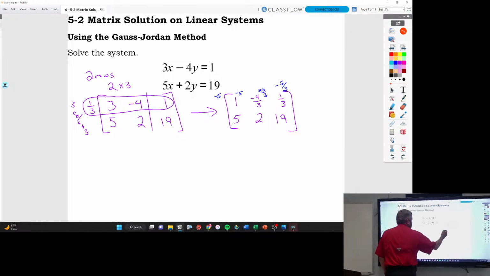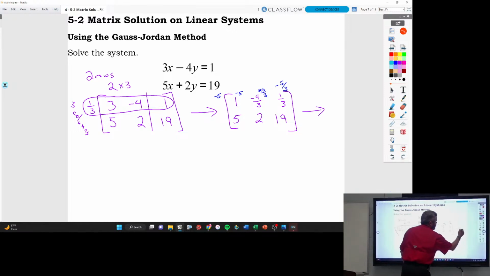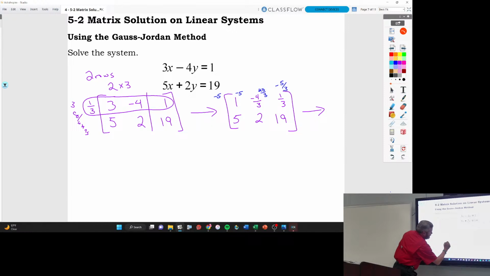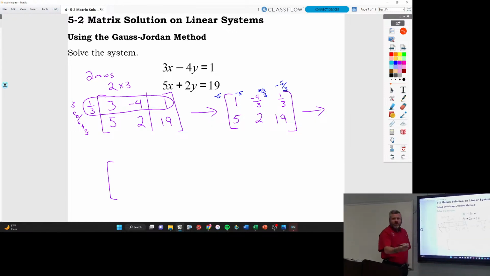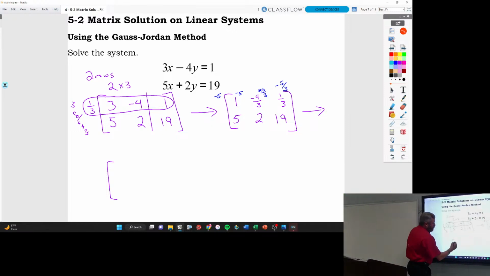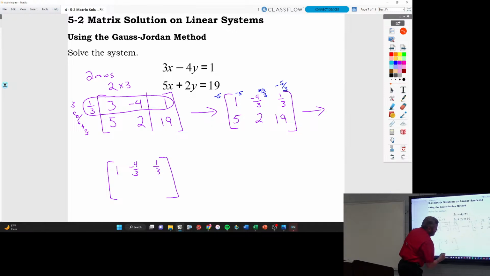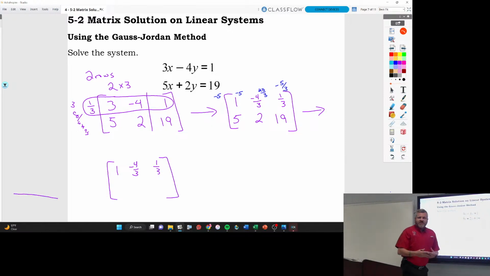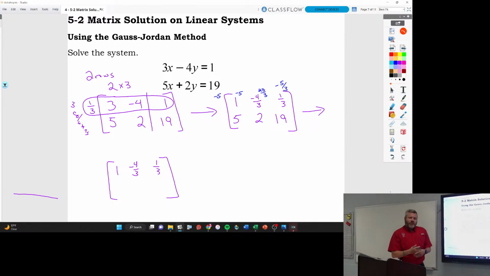First of all, I'm going to leave row 1 alone, because it has what I want. It's got a 1 in that first column, first row. And here's my negative 4/3. Here's my 1/3.